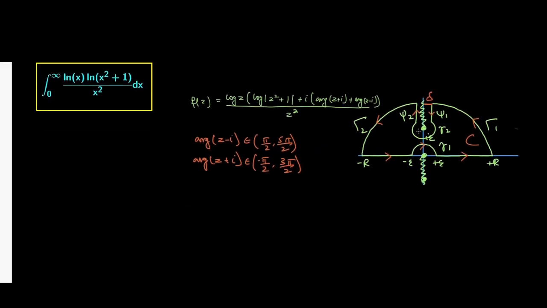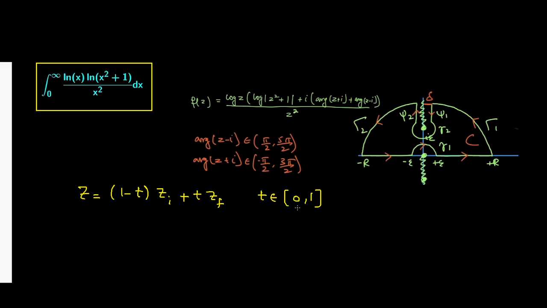And since psi1 and psi2 are actually line segments, a routine way for writing parametric equations for those is z equal to 1 minus t times the initial point, the point at which they start, plus t times the final point, where t runs from 0 to 1.